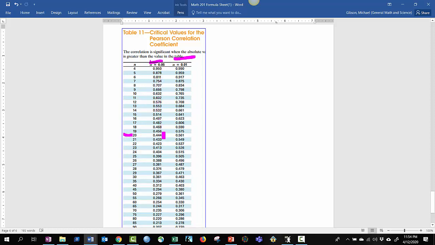If the absolute value of R was bigger than 0.444, then it's significant, the correlation's meaningful at the 0.05 level of significance. If it was the 0.01 level of significance, then R would need to be bigger than 0.561 to be significant. That's what you do for those.